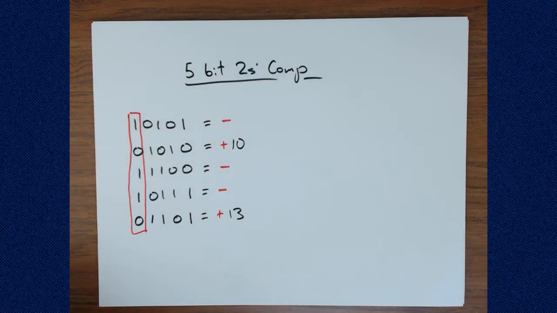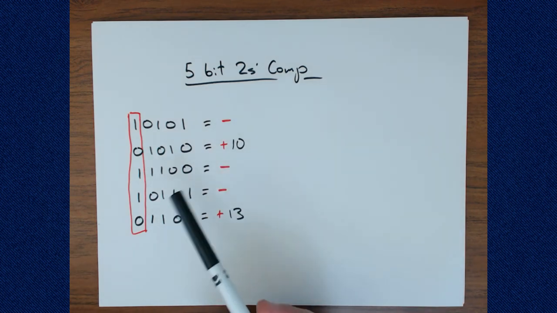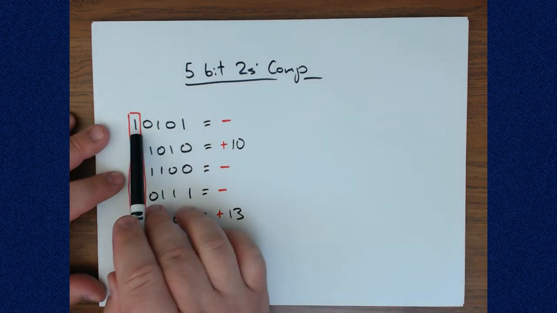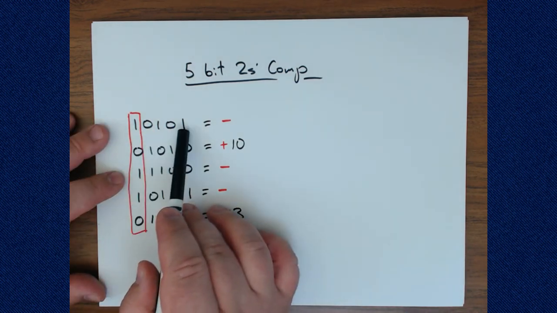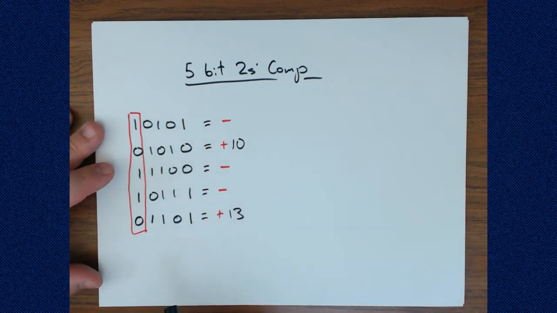But we have to negate something. So it's going to be the negative of whatever the positive versions of these are. And so we're going to have to negate this bit pattern in order to find the bit pattern that we can easily interpret, because it'll effectively be a positive bit pattern at that point.